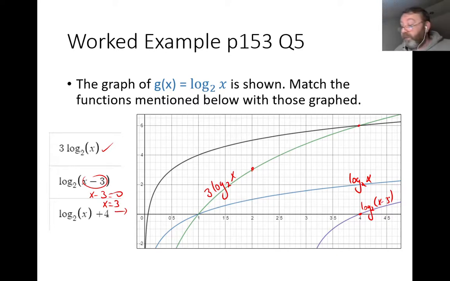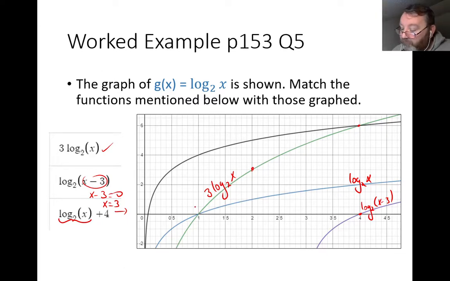Now I know by process of elimination, we can easily say, and the last one is a black line. But let's just show where I'm going to get that from, okay? Log to the base 2 of x, you notice that? That there is the original function. That's the blue line. What have I done? I have taken the blue line and I've pushed it up 4 spaces. That's what happens when you add on a constant. So you're taking that and you're simply just lifting it up 4 units.